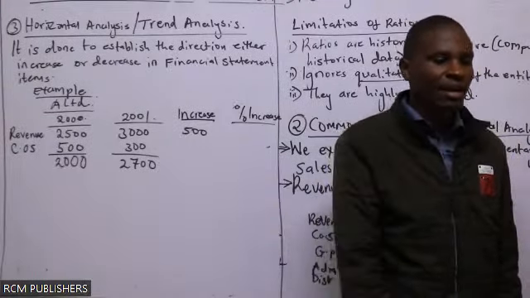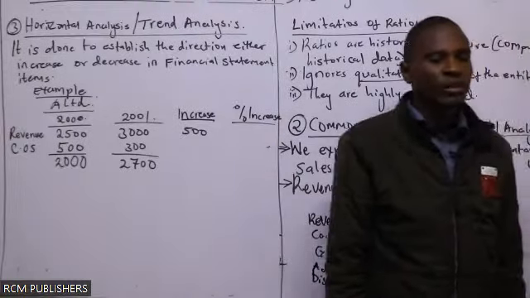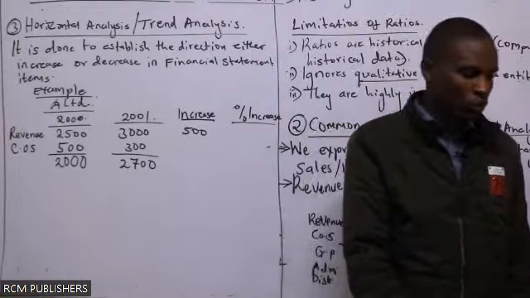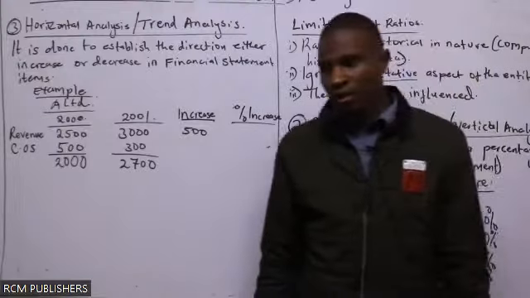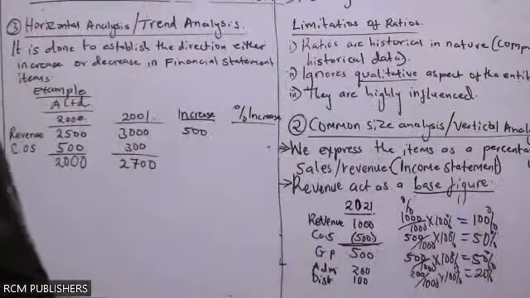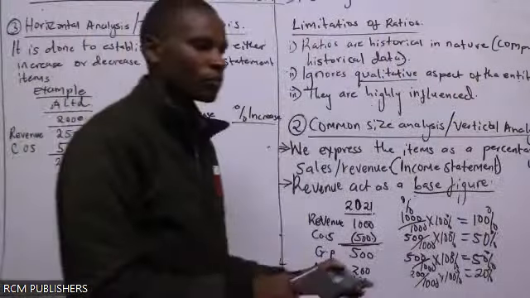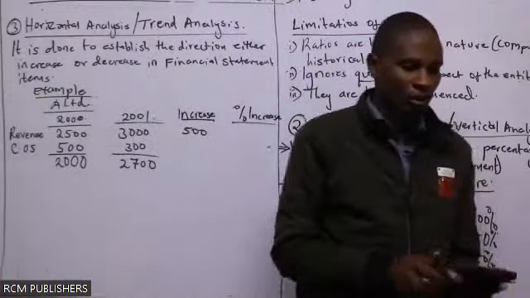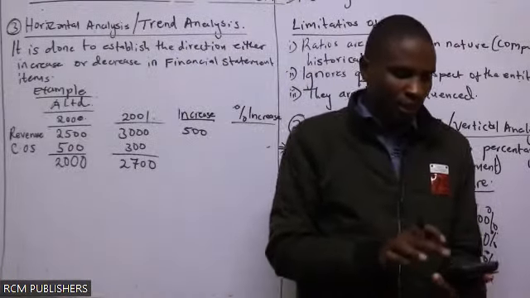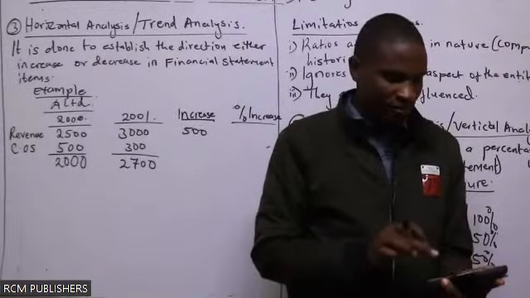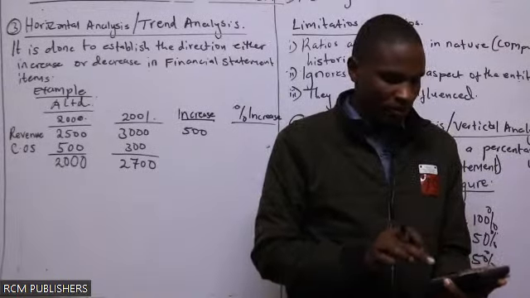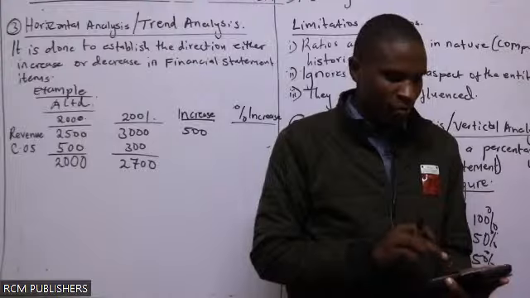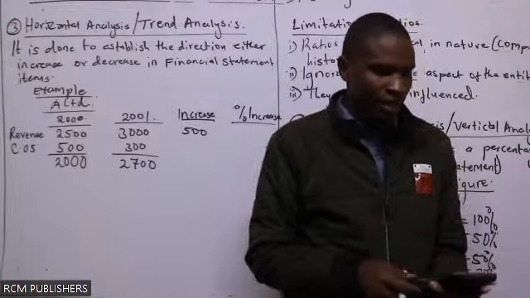Now, I can see Grace is giving us 20%. Is there someone else to confirm this? Still giving me the same. This is 500 divided by 2500, and then I multiply this by 100.